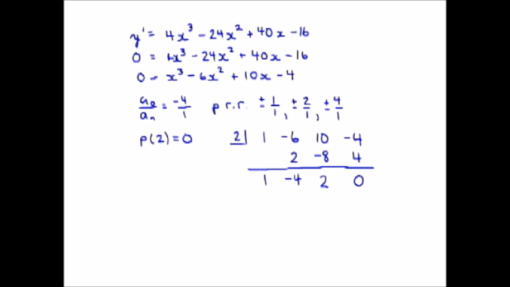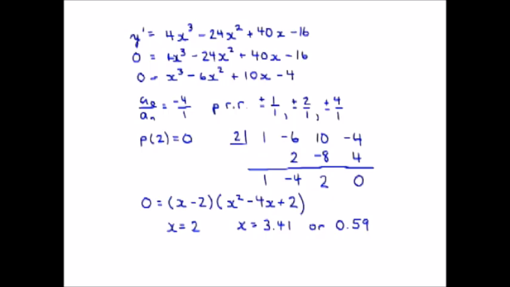So, based on this, we can now conclude that our cubic equation, which is 0 equals x cubed minus 6x squared plus 10x minus 4, can be factored such that it can be expressed as 0 equals x minus 2 times x squared minus 4x plus 2. Well, the roots to that are going to be x equals 2, and using your quadratic formula, when you solve that quadratic expression, x squared minus 4x plus 2, you end up with x values of 3.41 and 0.59.